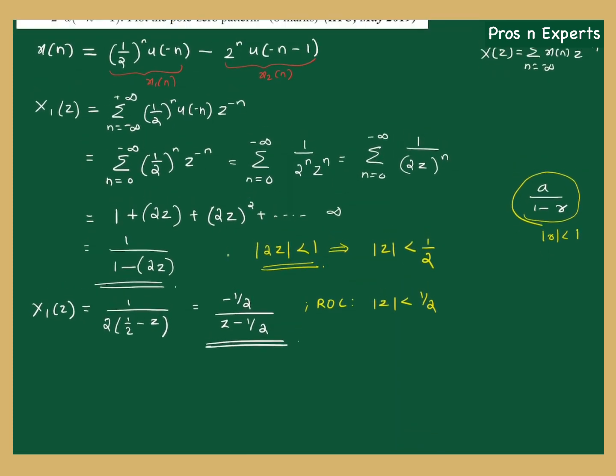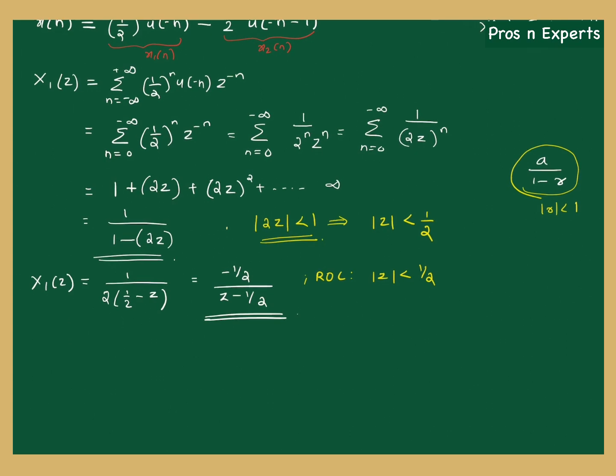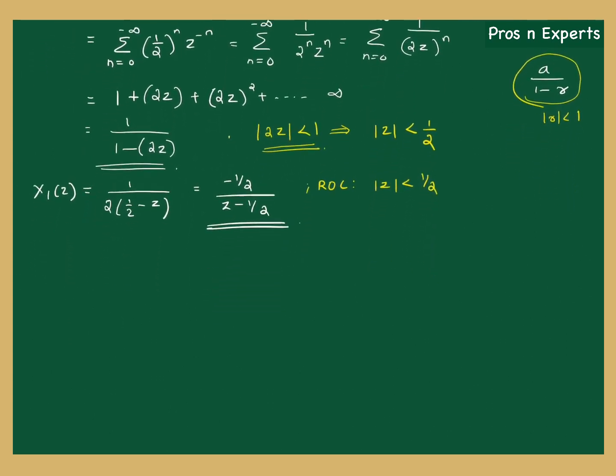Now similarly, you have to find out x2 of z, where x2 of n is already taken as 2 raised to n u of minus n minus 1.